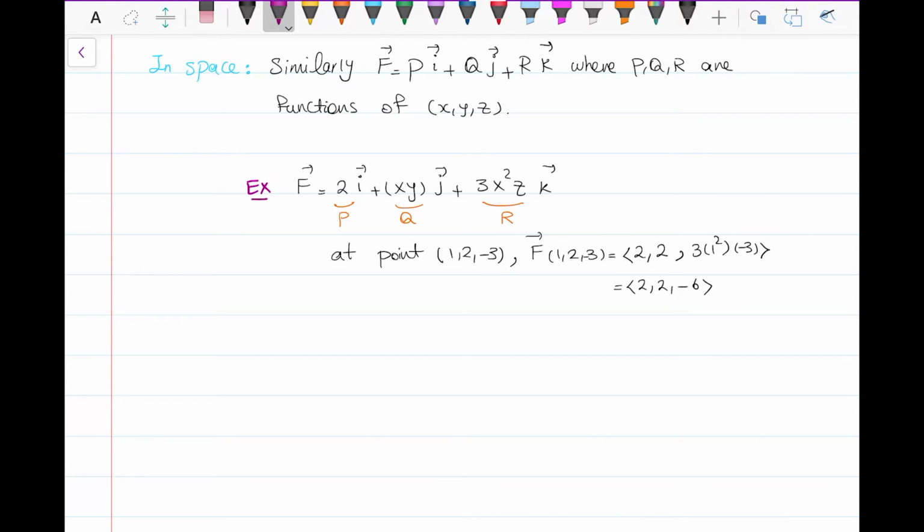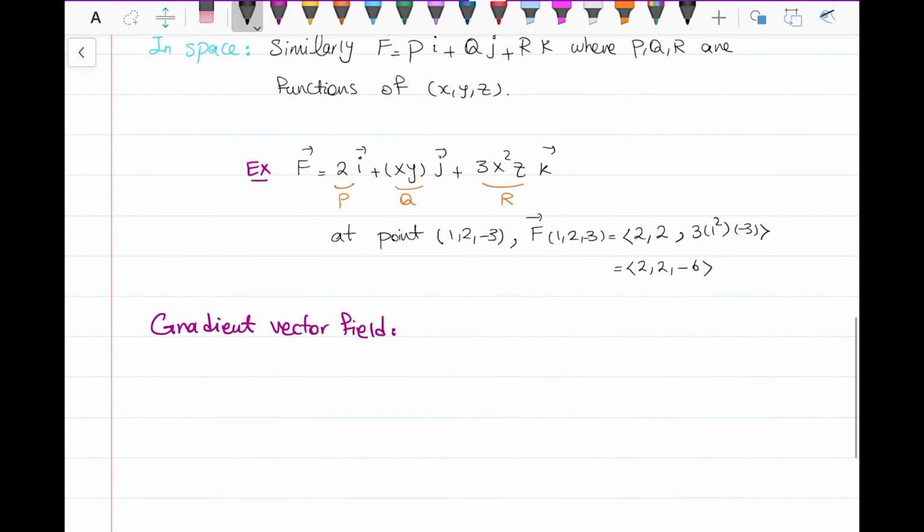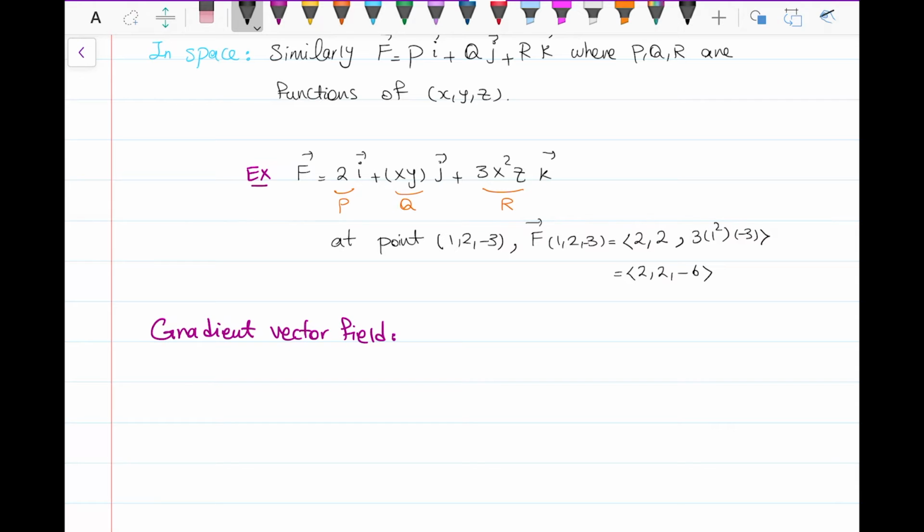One important vector field that we are going to work on a lot would be the gradient vector field. What is a gradient vector field? The gradient of a function is actually a vector field.